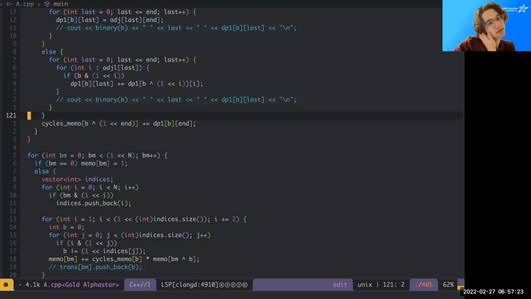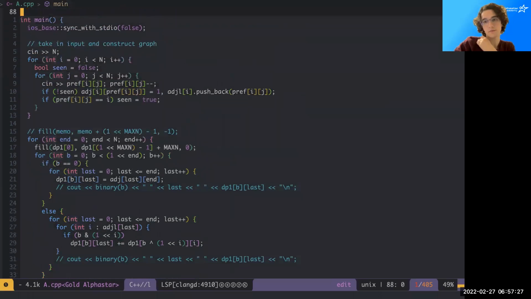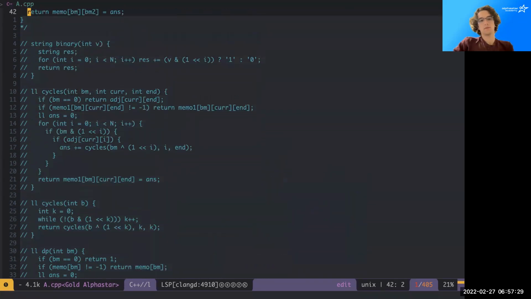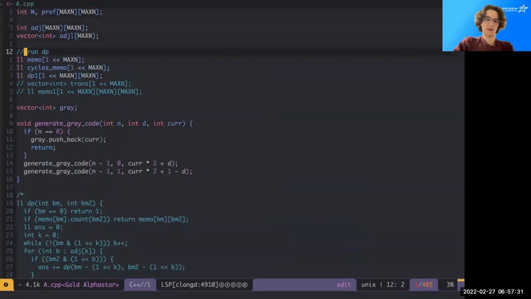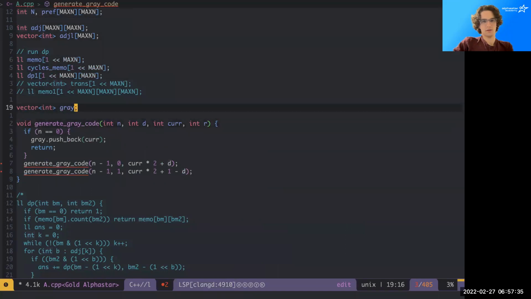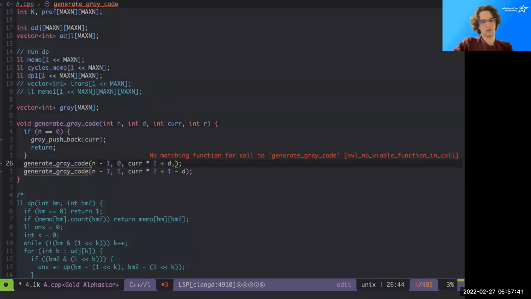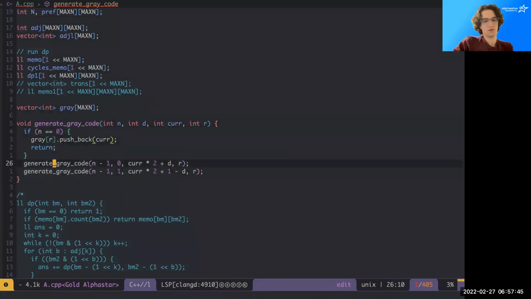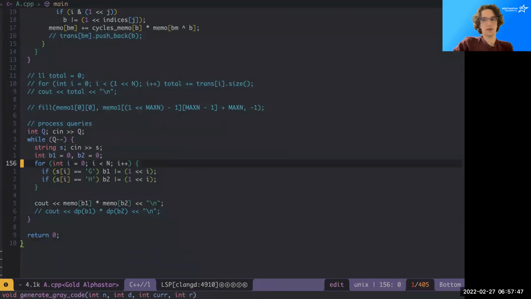What size? Do we generate them all? So we can generate all the gray codes.